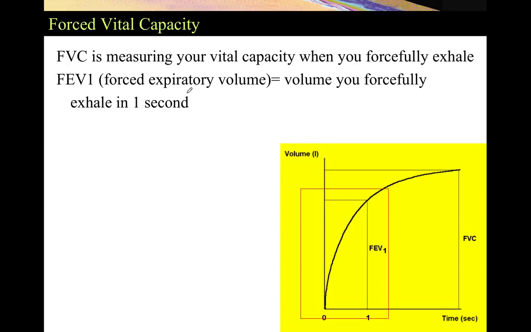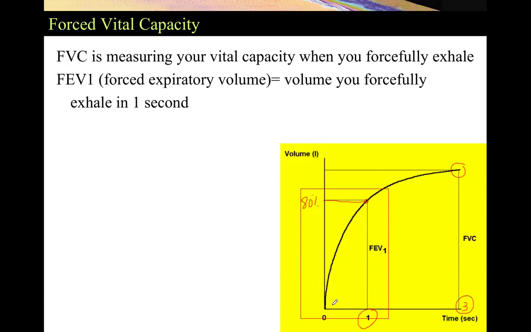Forced expiratory volume 1 is what you can get rid of from your lungs in 1 second. So this 1 implies 1 second. If you figure out this number, about 80% of the total lung capacity will be removed in the first 1 second, and all of it should be done in about 3 seconds, which is where you hit your plateau.